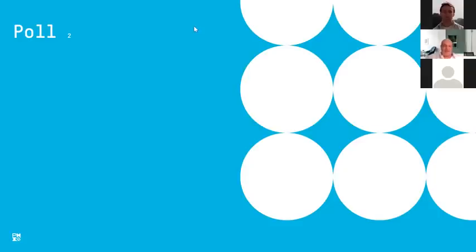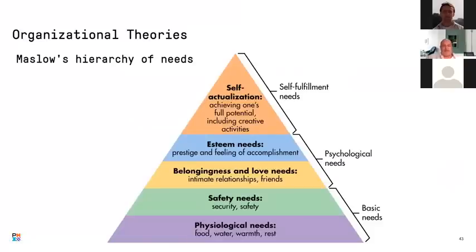Okay, so let's move on with the different theories. Maslow's hierarchy of needs, and usually this is a common question in the exam. It's talking about Mr. Maslow. He has this nice pyramid, and he's saying that each age has different needs. So in the beginning, when you are just a fresh graduate, what you need is only the food, the water, the warmth, and the rest.